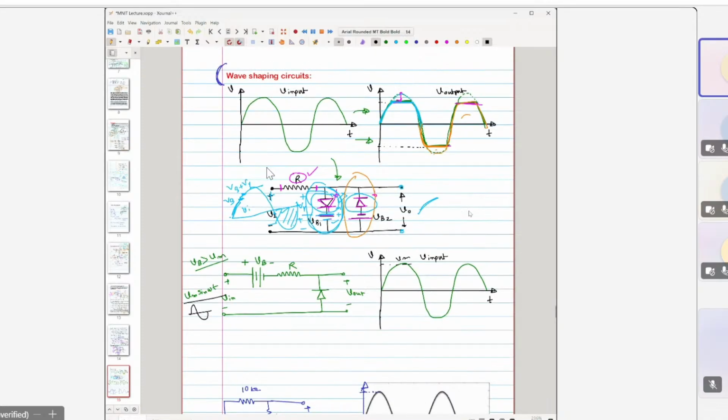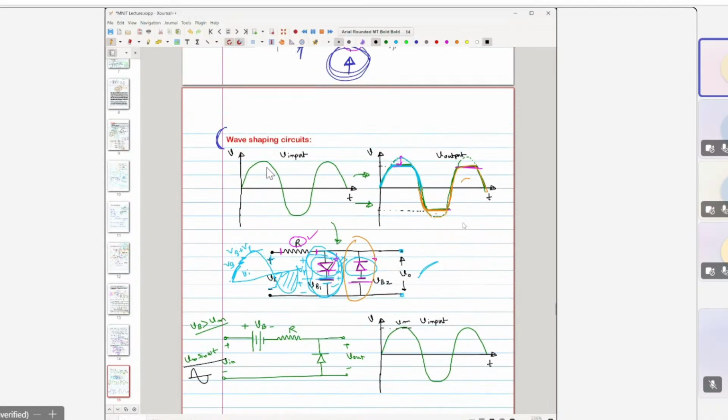I think I forgot to write something here. So this is Vb1 plus V gamma. This level is minus of Vb2 plus V gamma.